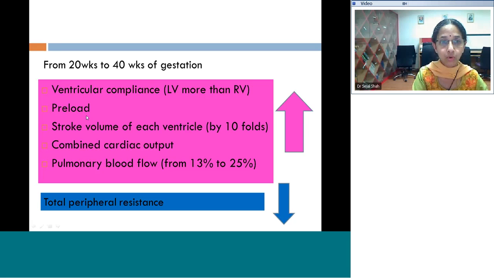The stroke volume hence changes by almost 10-fold by the time the baby gets delivered, and hence the combined cardiac output changes, and the pulmonary blood flow also increases to some extent. As we understand, the pulmonary blood flow is only 10% in early pregnancy, which comes to 25% by the time the baby gets delivered. However, the total peripheral resistance is not something which goes along with the above mentioned features.